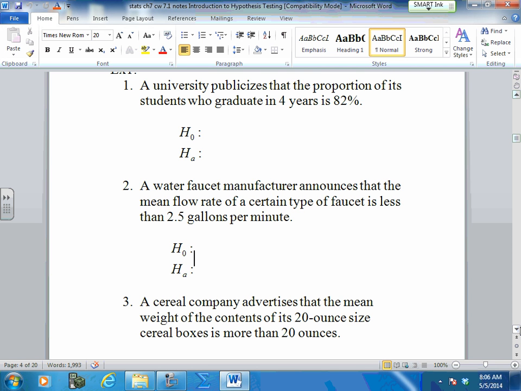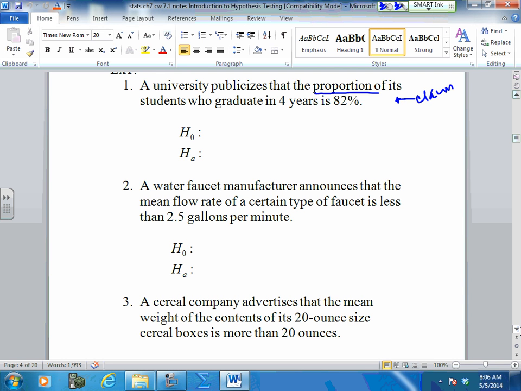Now, these are the claims. This is what they're claiming. A university publicizes that the proportion, how do I represent the population proportion? Lizzie? How do I represent the population proportion?